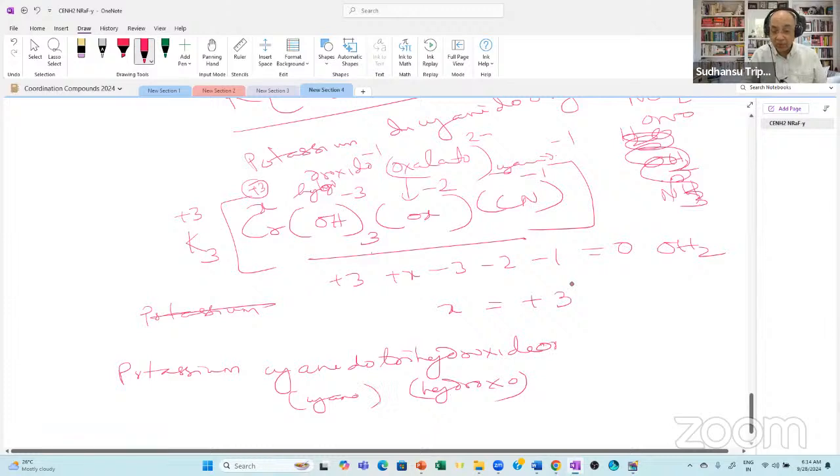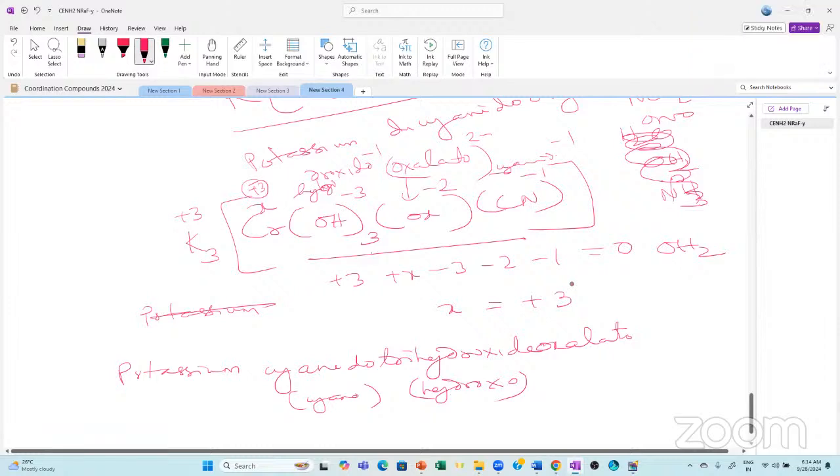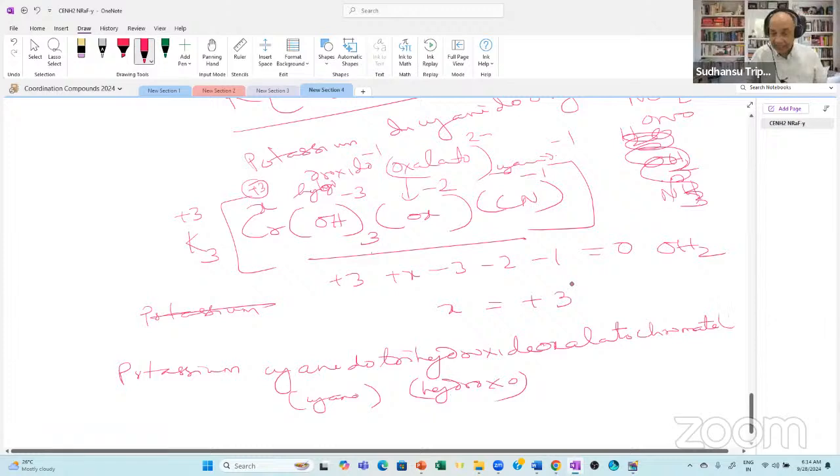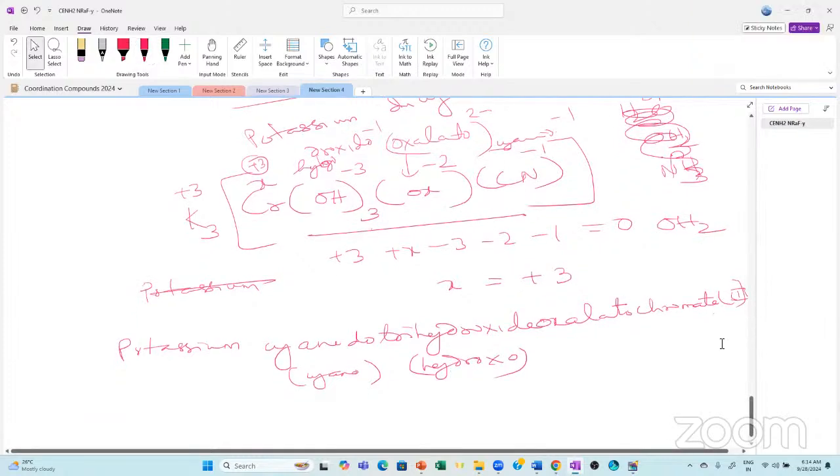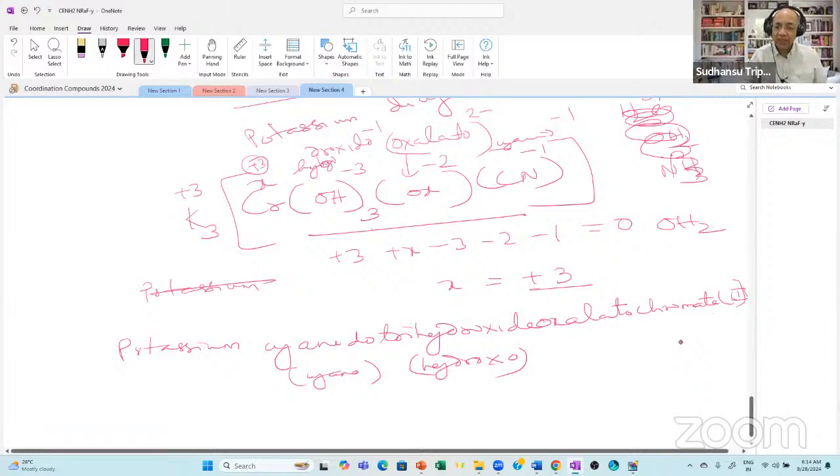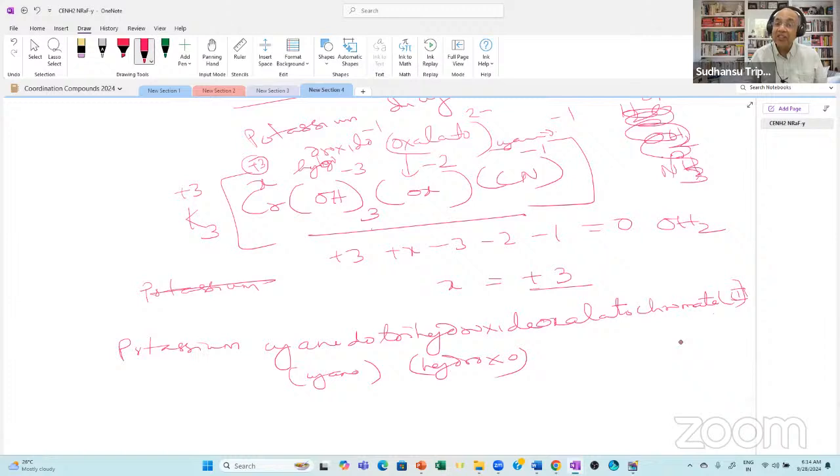Then oxalato. Then chromate. What? 6, chromate 3, so 6, 3. Are you kidding me? We found out the oxidation state is plus 3. So it has to be 3. Not the coordination number you have to write here. You have to write the charge in Roman numerals, the oxidation state. Got it?